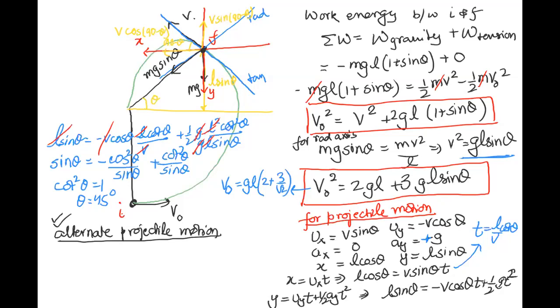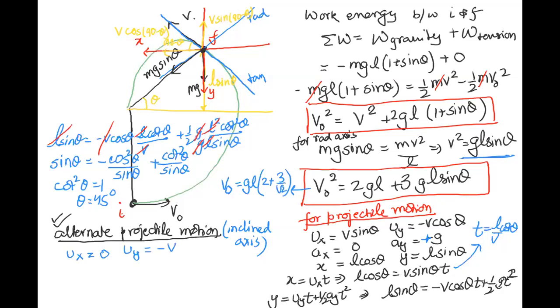Right, and what you could have done was instead of taking the red axis, you could have taken the inclined axis. And if you take the inclined axis, then you are going to get ux equal to 0, uy is equal to minus v.